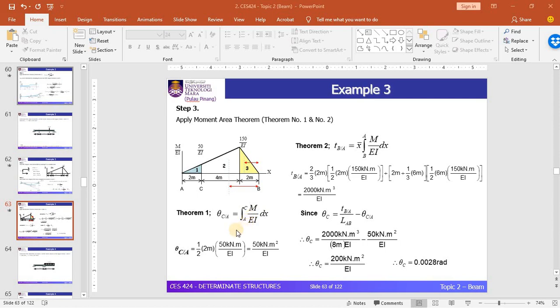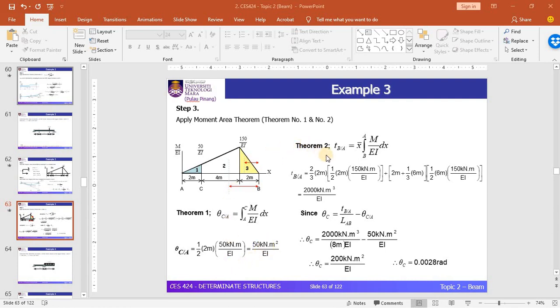The limits are C to A, which in this diagram is covered by this small triangle, C to E. By calculating the area of this triangle, you will get theta CA. In detail, it is half multiplied by the 2 meter base of this triangle, multiplied by the height, which is 50 over EI. Simplifying this, theta CA is equal to 50 over EI.